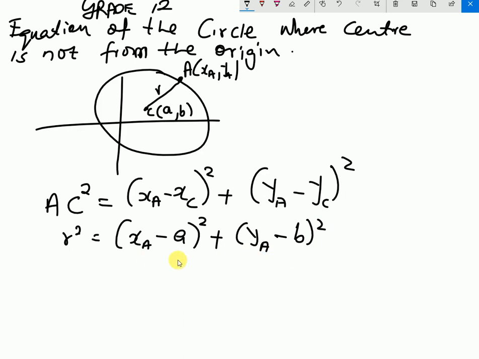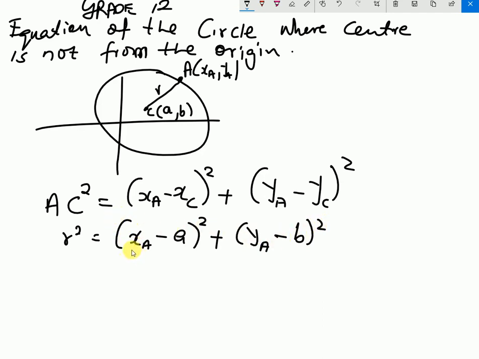This is the general equation of the circle where the center is not the origin. Can you master it? (x minus a) squared plus (y minus b) squared equals r squared. Alright.